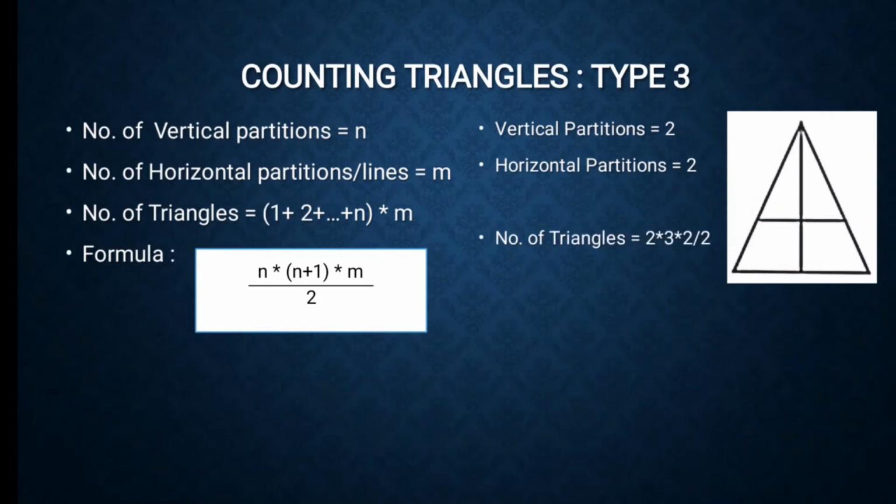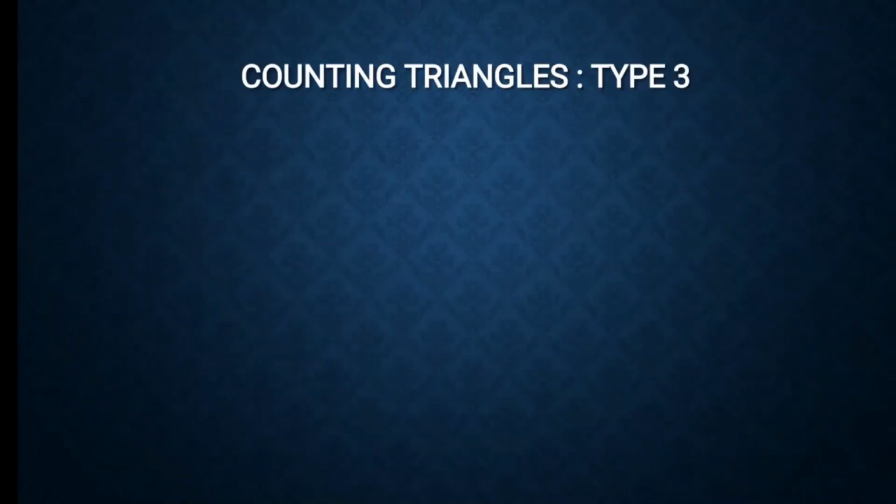Now as you can see, as per the formula that we have written, the number of triangles is n into n plus 1 by 2 into m. N is 2, so the formula becomes 2 into 3 into 2 divided by 2, which is equal to 6. Therefore I have 6 triangles, or you can simply say that you will multiply the answer that you are getting for type 1 and type 2 and you will get the answer.